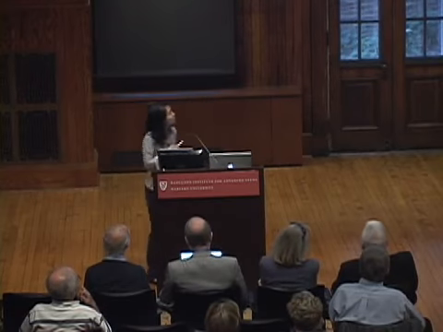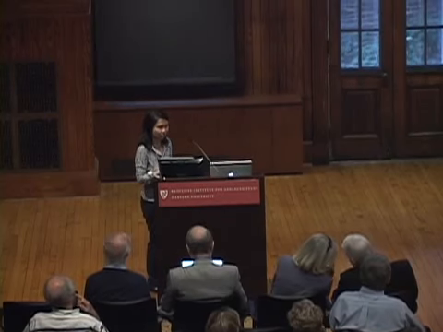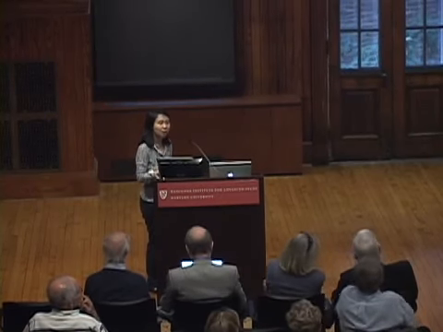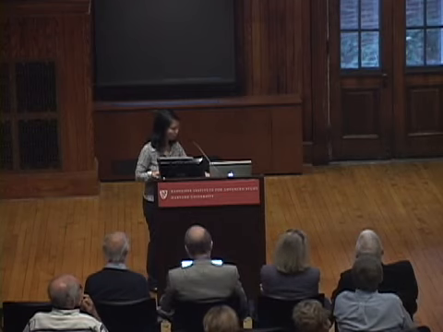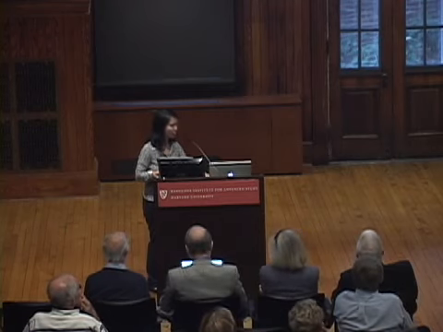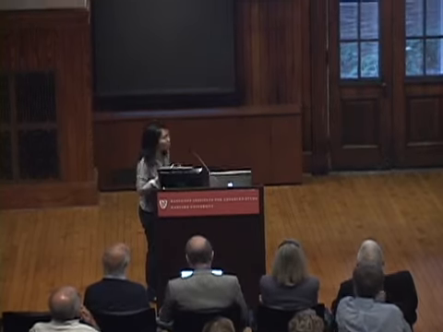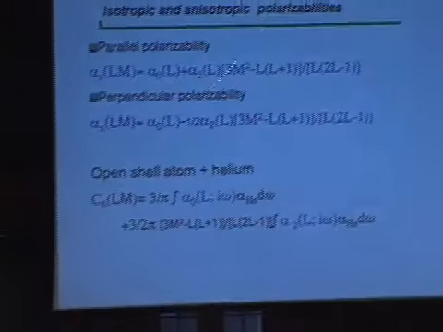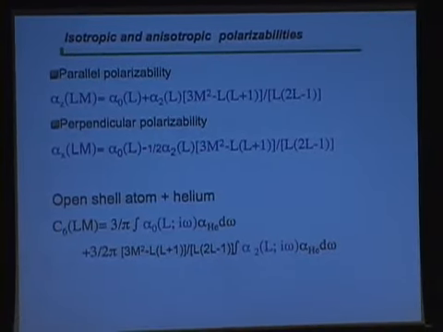Then for these atoms, if the angular momentum is larger than 0, the polarizability is actually anisotropic. So we have to determine a rank 0, this is isotropic polarizability, and also alpha 2, which is an anisotropic polarizability.